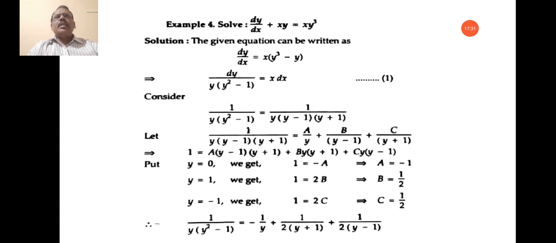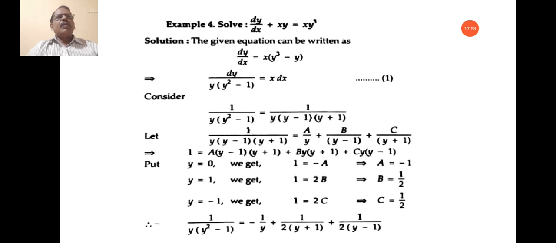Solve the equation dy by dx plus x into y is equal to x y cube. Solution. The given equation can be written as dy by dx is equal to x y cube minus x y. So you take x outside as common factor, x into (y cube minus y).